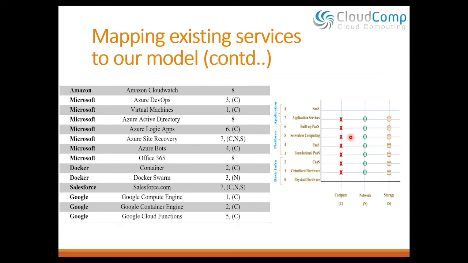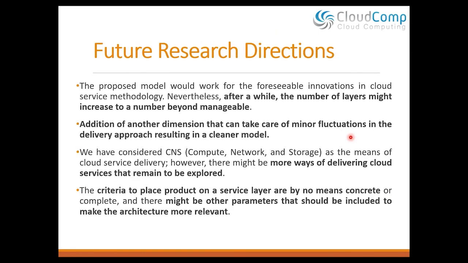But there are certain future requirements for this. The proposed model works for foreseeable innovations in cloud service methodology. Nevertheless, if new layers keep being added, there will come a time when there is an unmanageable number of layers, so that has to be addressed by further research. Addition of another dimension could take care of minor fluctuations in the delivery approach, resulting in a cleaner model.